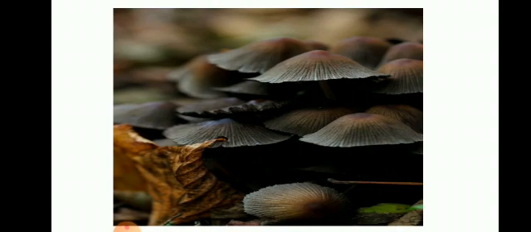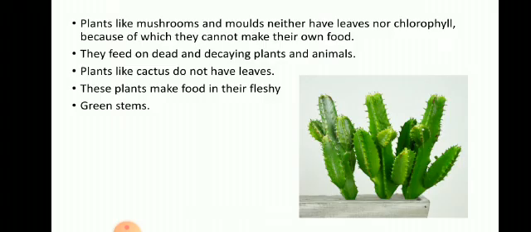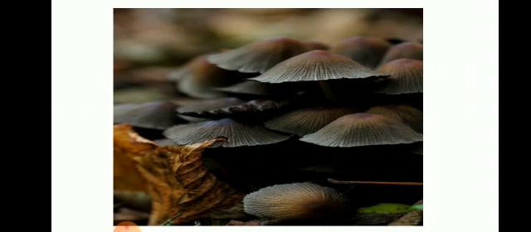These are the plants which are not able to make their own food. Then how are these plants going to get their food? By using dead and decaying plants and animals. These are the plants which feed on dead and decaying matter so that they can grow easily.